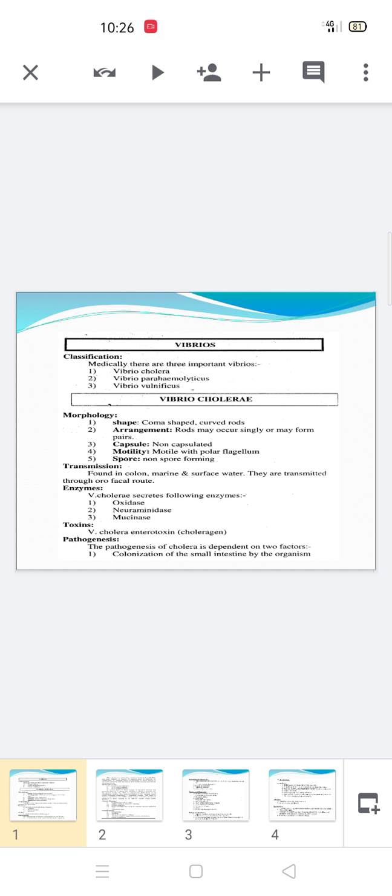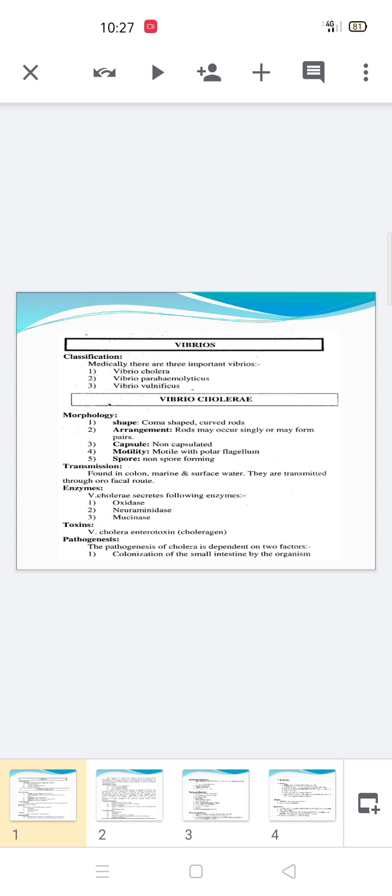Now the A subunit, when inserted into the epithelial cell, catalyzes ADP ribosylation of a protein present in the intestinal wall, which stimulates adenylyl cyclase.